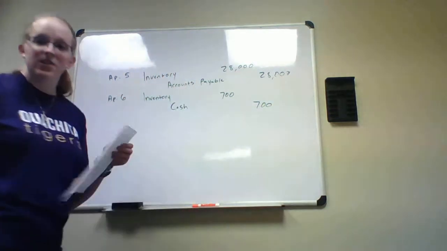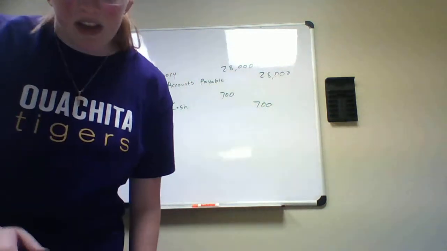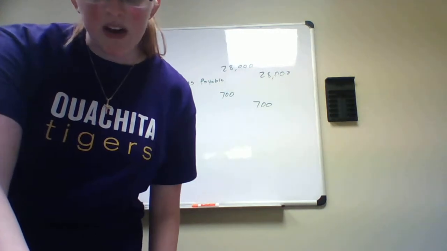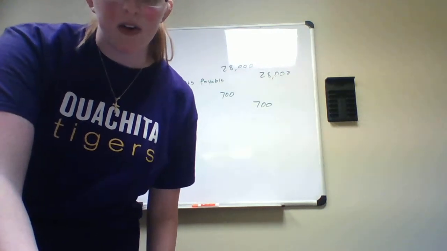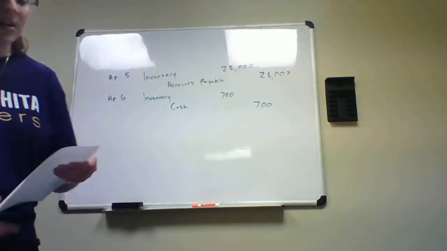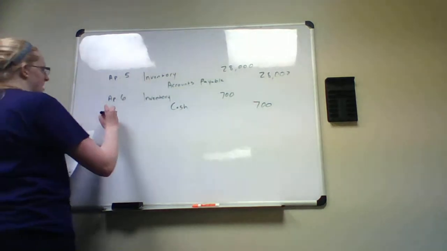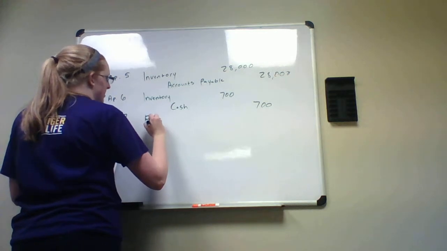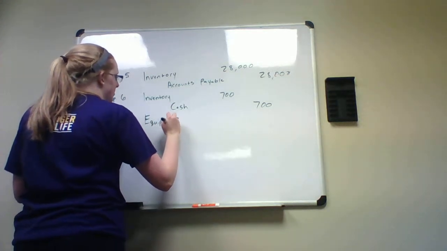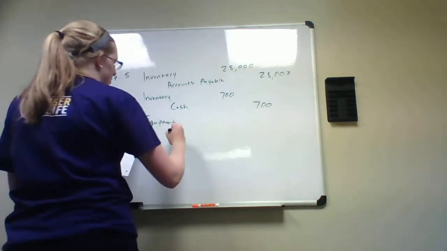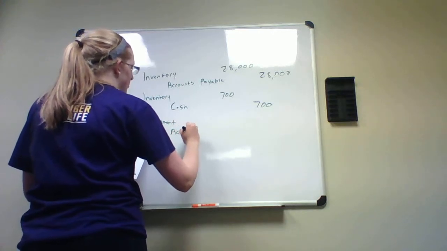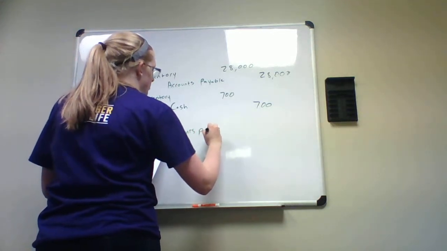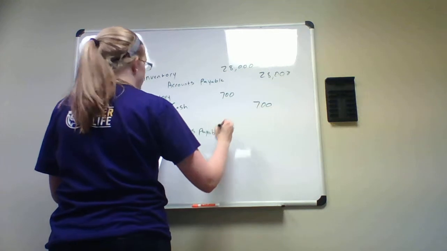Continuing on, number 3 says, on April 7th, purchased equipment on account for $30,000. Notice all of these are dealing with asset accounts. For equipment, you're going to debit, and then credit accounts payable for your $30,000.